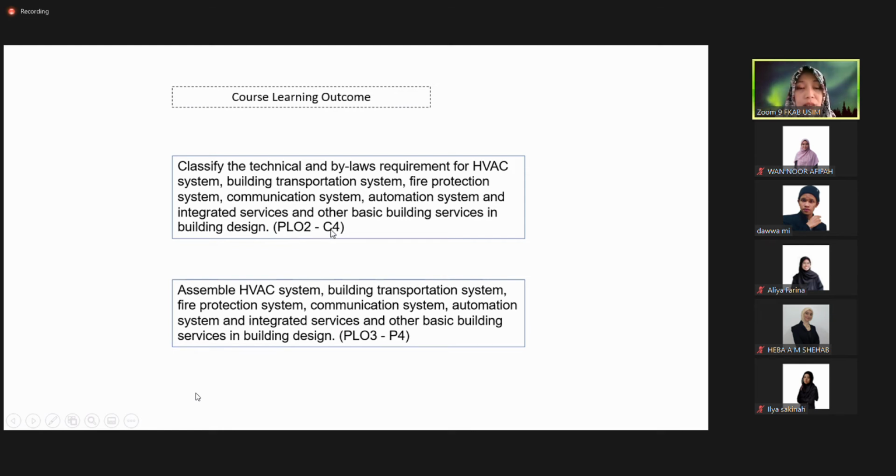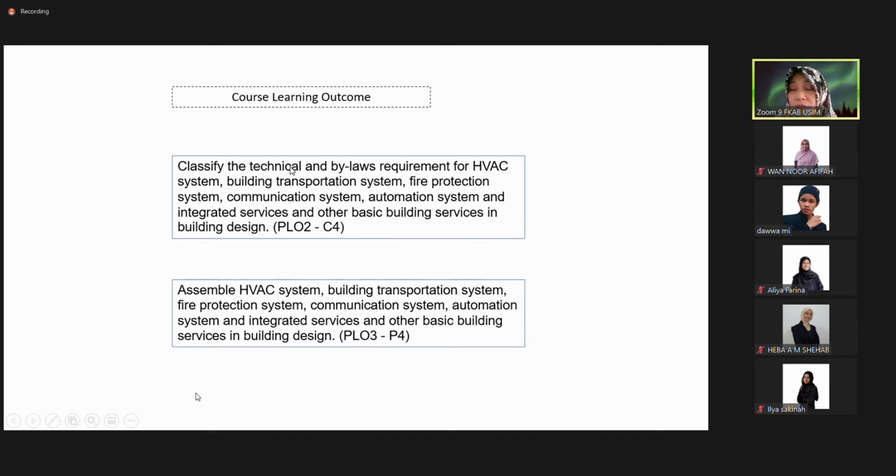C4, meaning that you can classify and you can describe, you explore and assemble, you know how to assemble and what kind of the system to be drawn in your building, how does this will function inside your building. This is your punya course learning outcome.